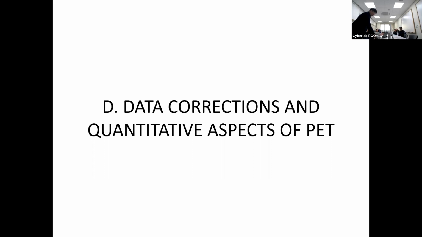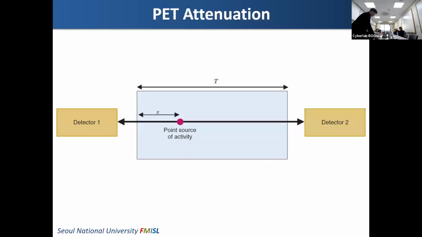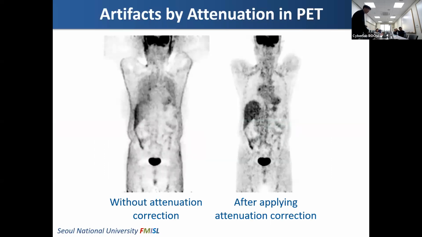But the most important correction in PET would be attenuation correction, because without it the image is quite different from the corrected PET data. In the bottom line and top line, the artifacts are called noise artifacts. Let me see.